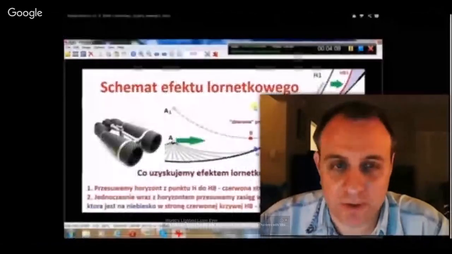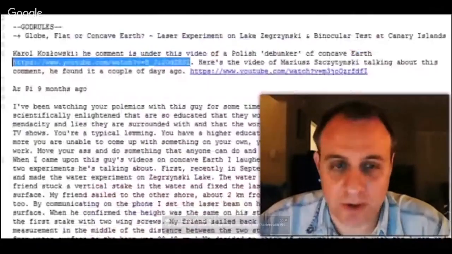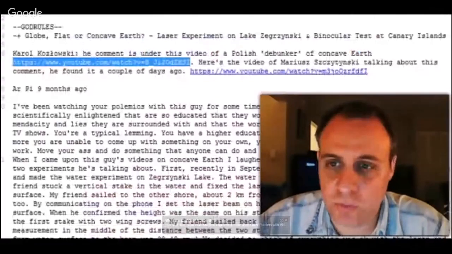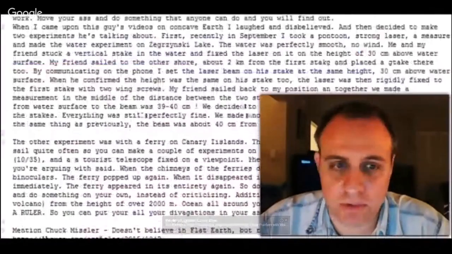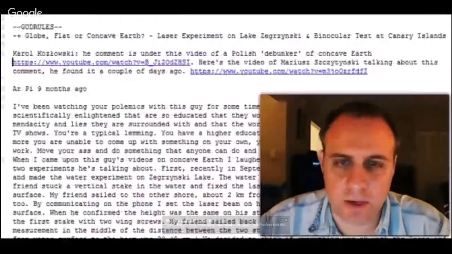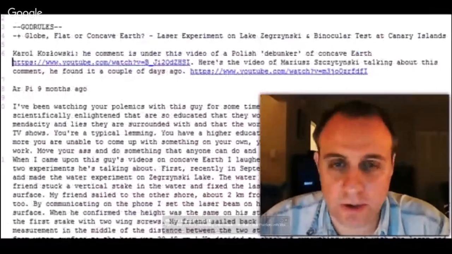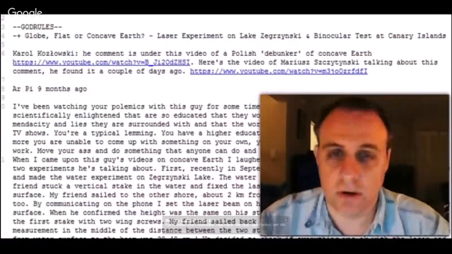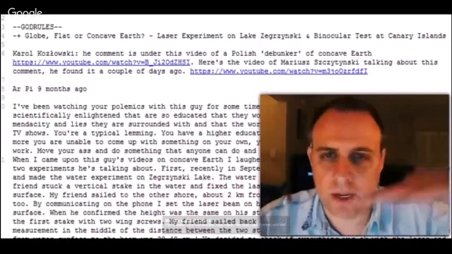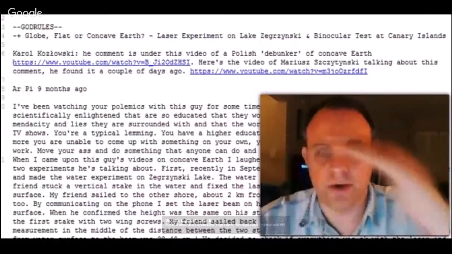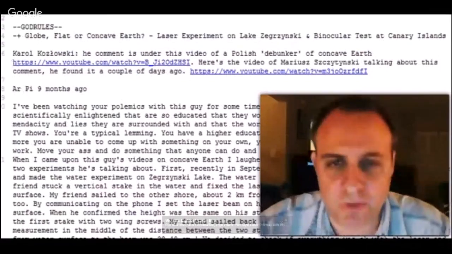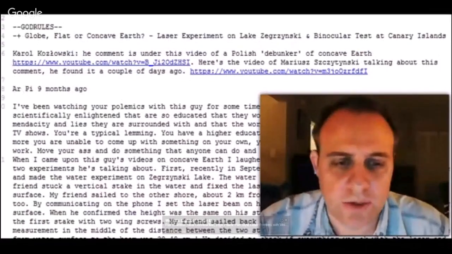There was a guy who basically didn't believe in concave Earth, and he did a bunch of experiments of his own to test whether or not concave Earth actually could be scientifically accurate, that the Earth is actually concave rather than convex. So instead of us being on the outside of a ball, we're on the inside of a ball.